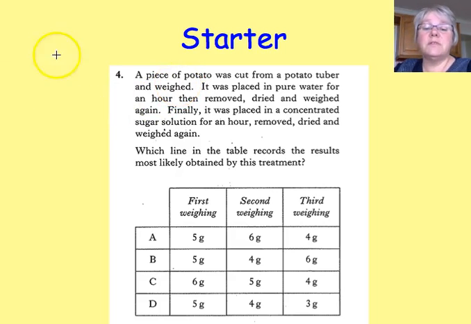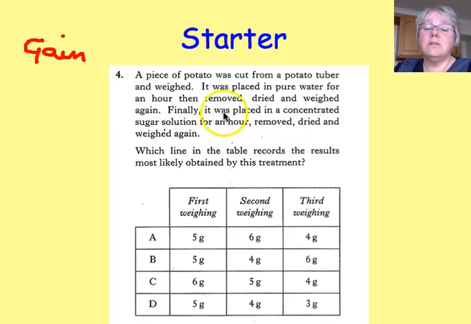So we've cut our piece of potato and it's put into pure water first of all. Now if the piece of potato is in pure water, the water will move into the cell and therefore it will gain weight or gain mass because the water moves in. But then it's removed, dried and weighed, and then it's placed in a concentrated sugar solution for an hour, and then removed, dried and weighed.